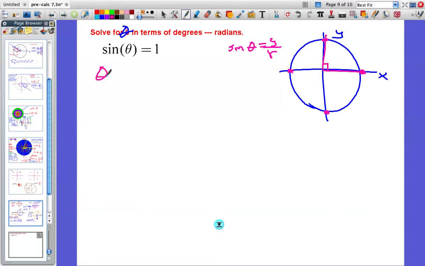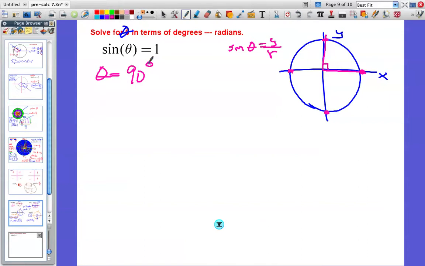So I know that theta would equal 90 degrees. Are there any other possibilities? We had one earlier. 450. How do you get 450? Go around and come back to 90. Are there any other possibilities? How about if I went around 3 times and then added 90? What if I went around 5 times and added 90?